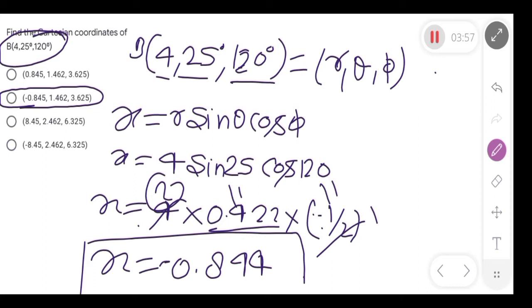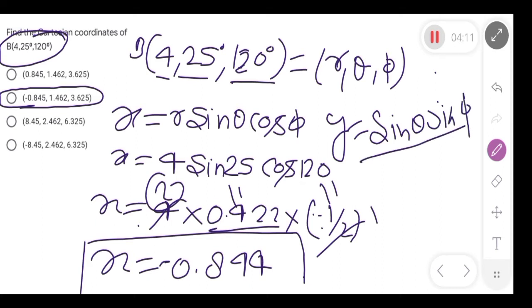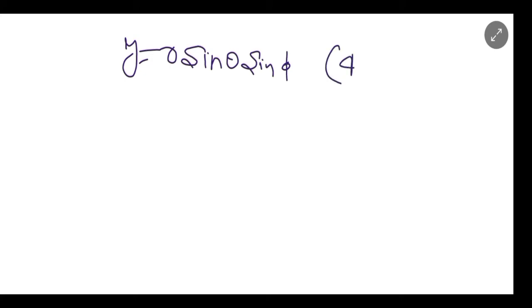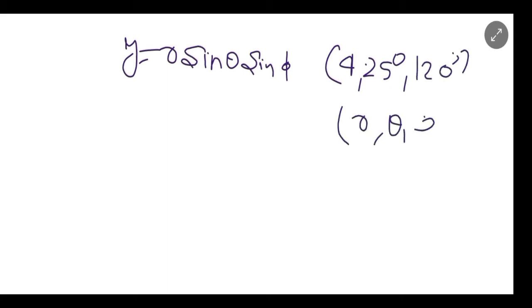Now similarly we can use the formula for y, that is y equal to r sin theta sin phi, and we can get the value of y. The spherical coordinate is 4, 25 and 120 degree, which is equal to r, theta, and phi.